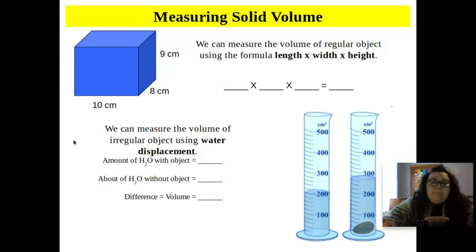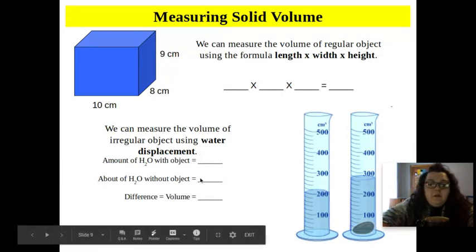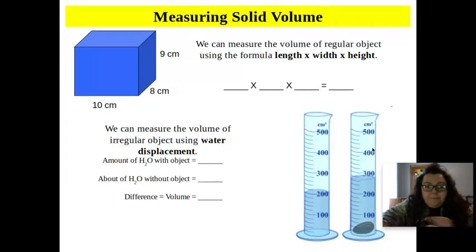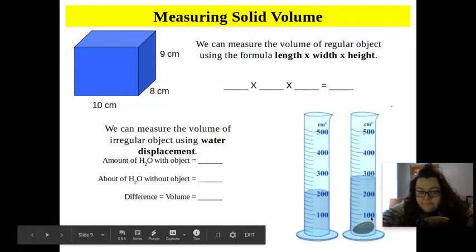And here, this is what you would use water displacement for, the bottom half of this slide. So the amount of water with the object, which is going to be this one. We would read the bottom of the meniscus here. This isn't a very good picture, but we've got 200.